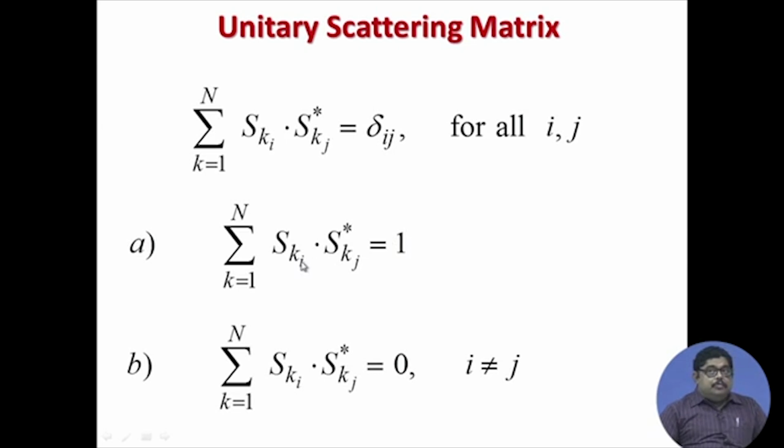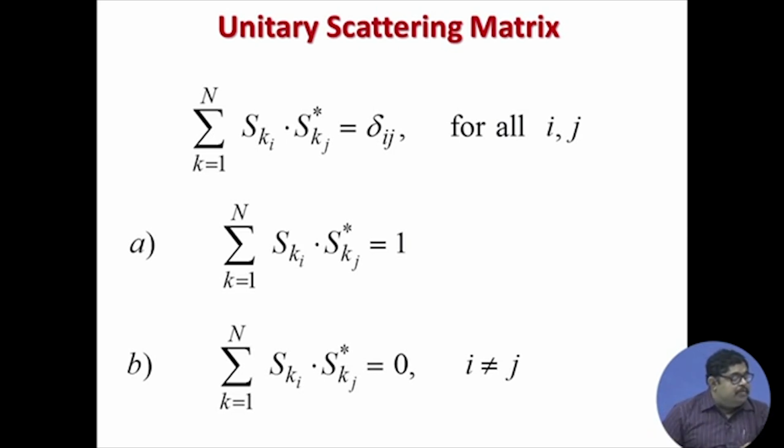Any column conjugated with the same column will give 1. Any column conjugated with the other columns will give us 0. So, for unitary, both these conditions should be simultaneously satisfied. If any of them is violated, it is not a unitary matrix.